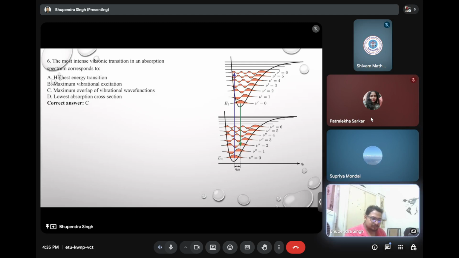Nuclear vibration or the nuclear position? Nuclear position.